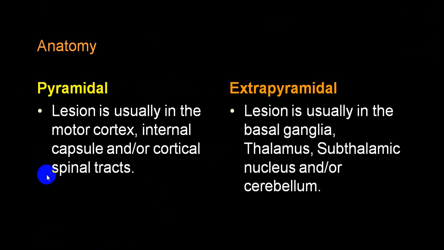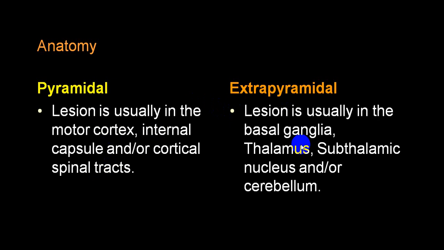And depending upon the damage to the brain, if it is a pyramidal tract damage, the person will develop spastic motor paralysis, mainly because of damage to the cerebral cortex, that is the motor cortex, or internal capsule, or corticospinal tracts.